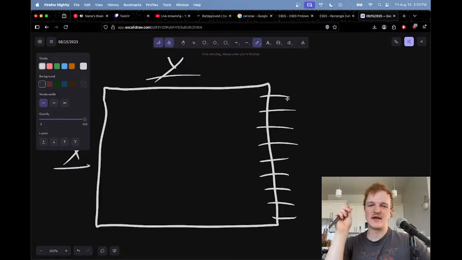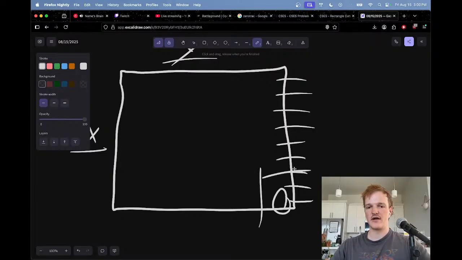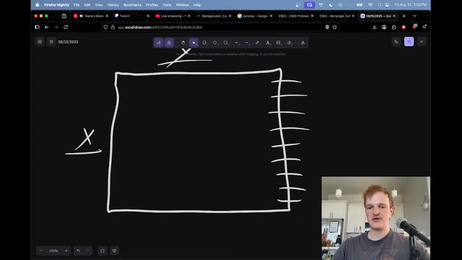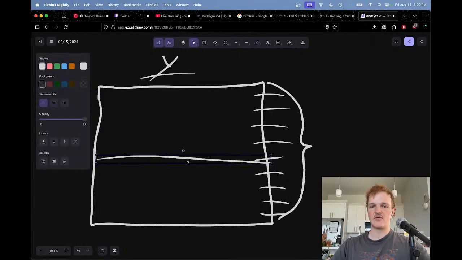No, but maybe a segment tree. Maybe you could use a segment tree. Because the problem with a sparse table is you would have to create one here when you were at this X and Y, and then create another one here when you're at this X and Y. So it doesn't actually really help you. But if you used a segment tree, you could say, in this entire range of all of these cuts I could make, what's the best one?